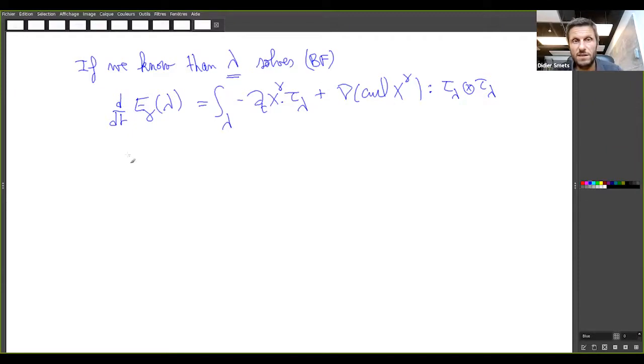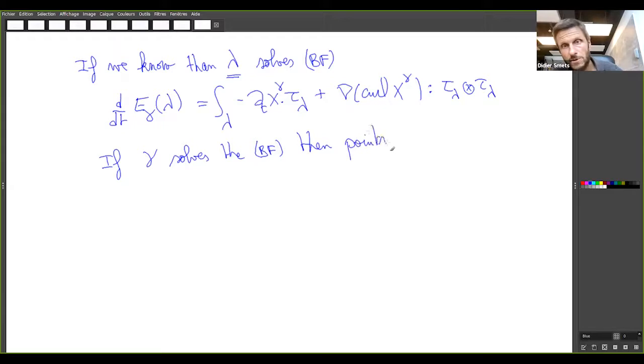Now, the second fact, actually the key lemma, comes from the following key observation: if, on the other hand, gamma solves the binormal flow, then pointwise we have the following.